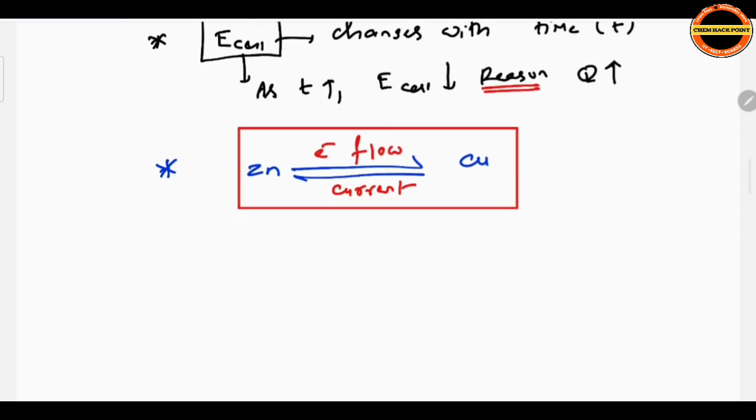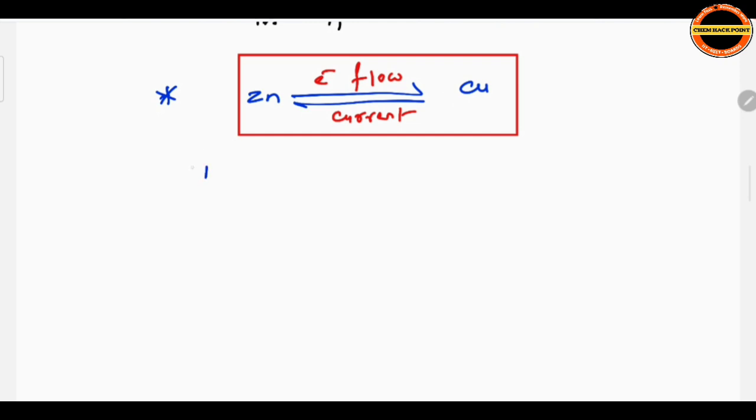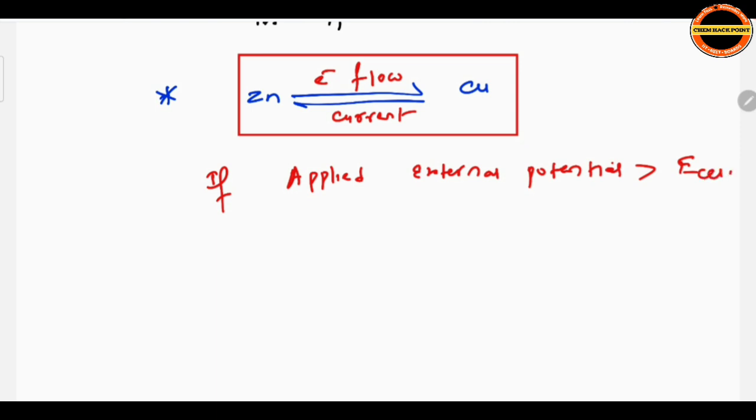But if a question is asked like this: if applied external potential is greater than E cell value, then you observe this one. Normally the above direction, whatever I mentioned, is correct.